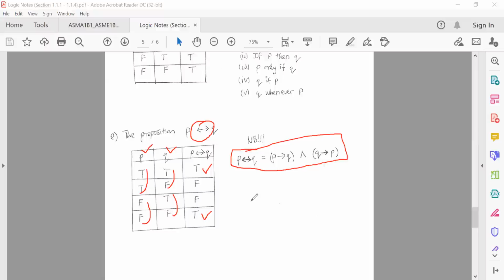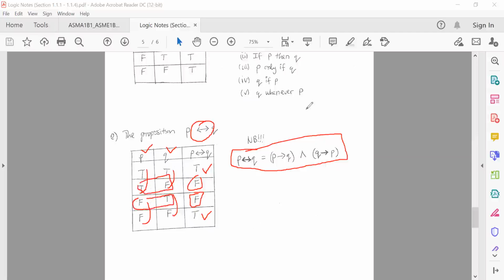Either the same truth value of true or the same truth value of false, for your outcome to be true. The minute you have one true, one false, or one false, one true, your outcome is just false. So it makes it easy. If I give you a truth table and I say complete the truth table, you should be able to tell me what comes here, or what comes here.